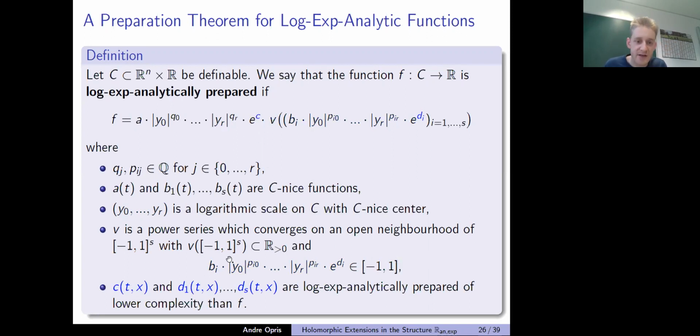This means they have the same form as f, with different coefficients and different functions, while the logarithmic scale stays the same. We also have these exponents, but they can differ from the exponents here, with lower complexity and so on. You can, for example, say that a log-exp analytically prepared function of complexity 0 is 0.